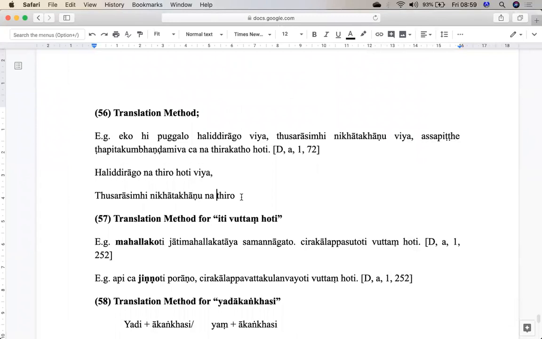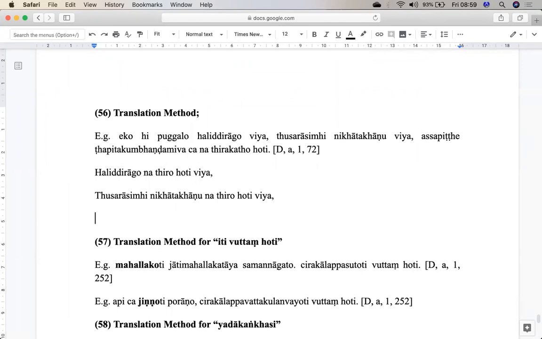He also, not tiro hodi wiya, that is one line, and also asa bete, tabita gombandan. Gombandan is masculine gender here.